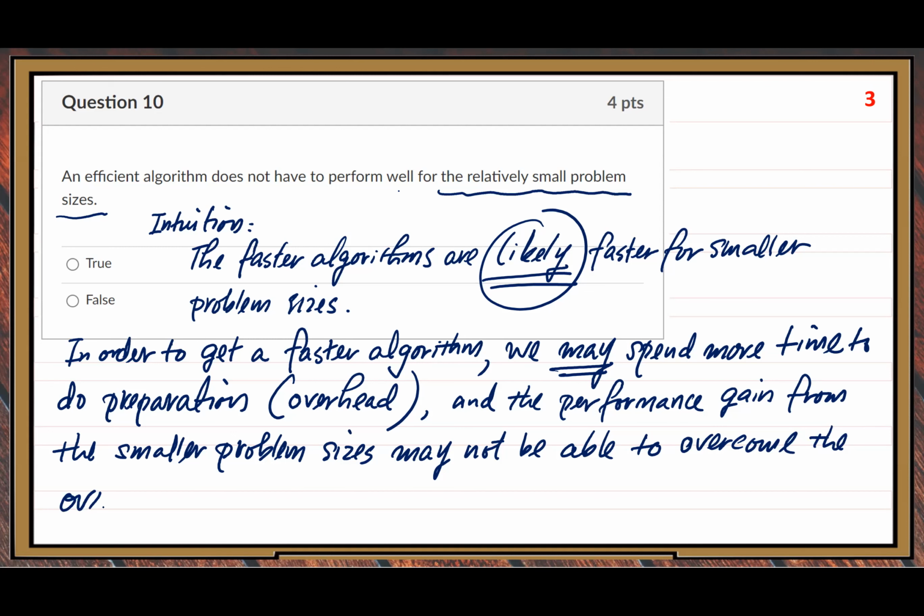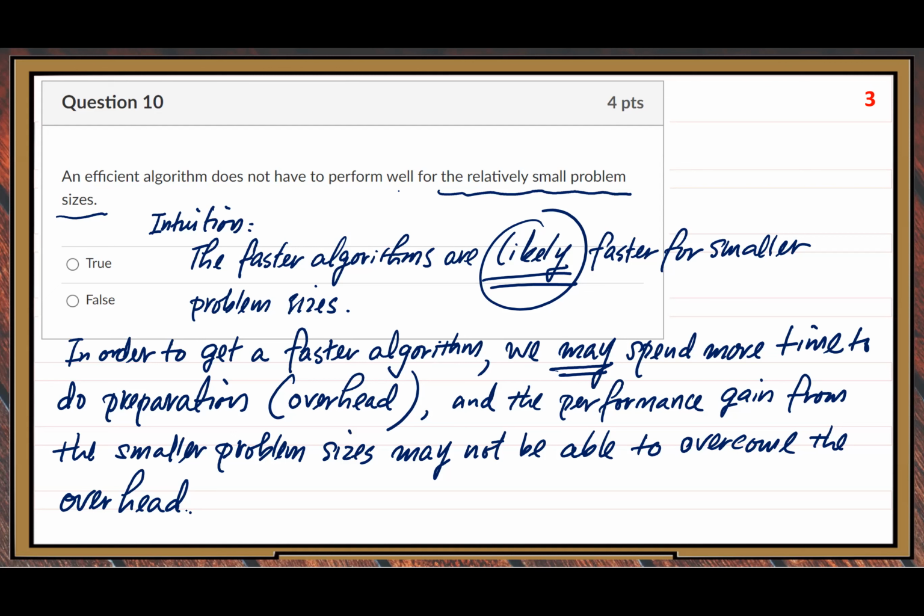Okay? You may have some performance gain, but for smaller problem sizes, that gain is relatively small, right? Think about this. That small gain cannot overcome the overhead part.